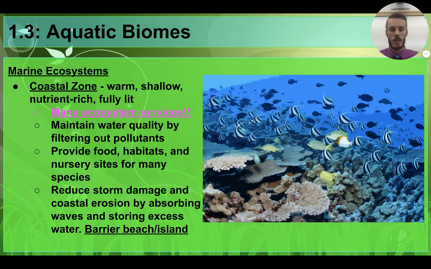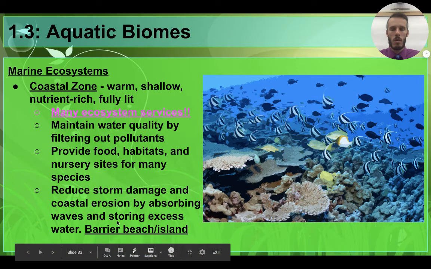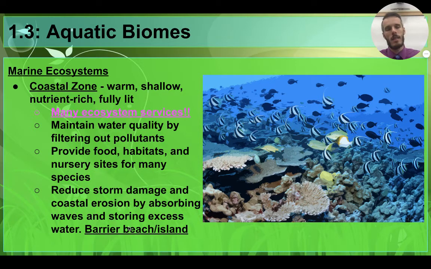Okay, so it prevents erosion, and a lot of that energy is absorbed from the storm in these ecosystems. Okay, and there can also be what are called barrier beaches or barrier islands, which are kind of like sandbanks that provide a little buffer between the main part of the ocean and the coast of the land.